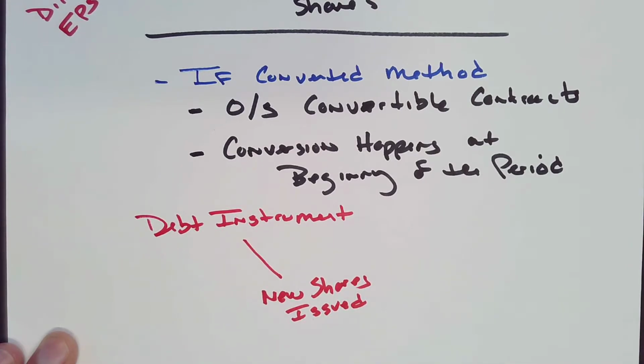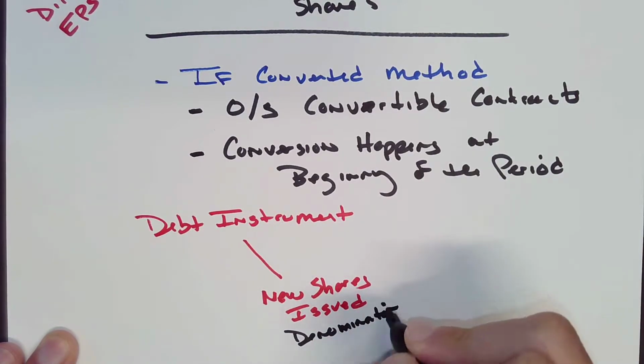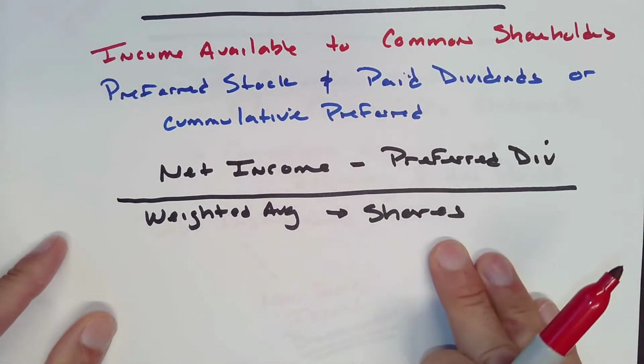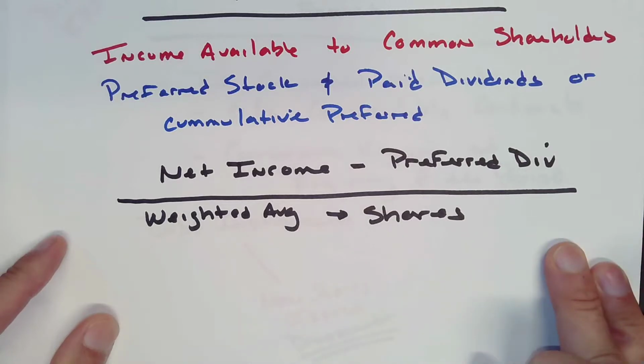So this is going to be a denominator effect. Right? We go back to our basic earnings per share calculation, right? New shares are issued, weighted average shares go up because the assumption is that they've been outstanding the entire year.